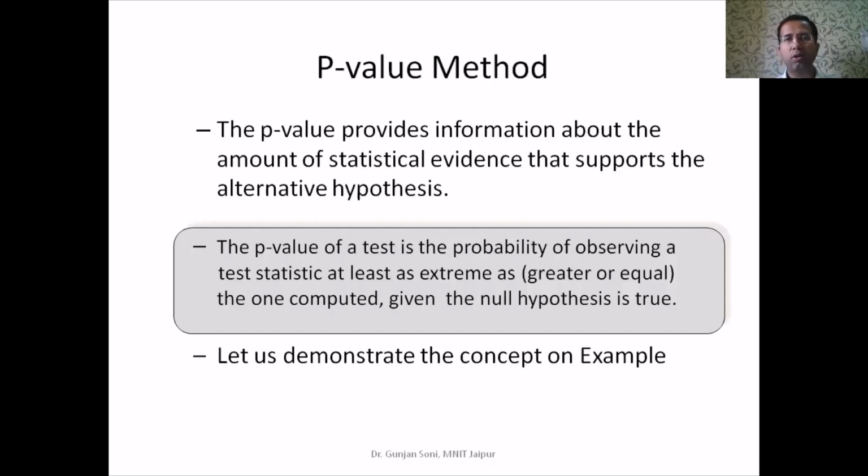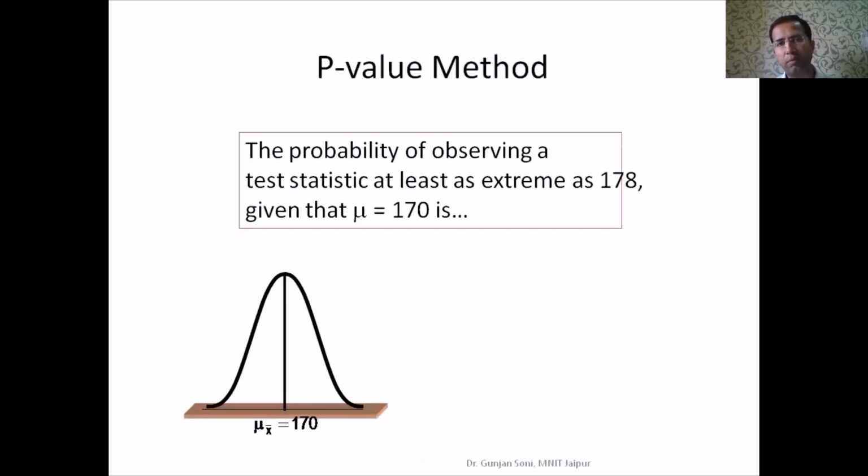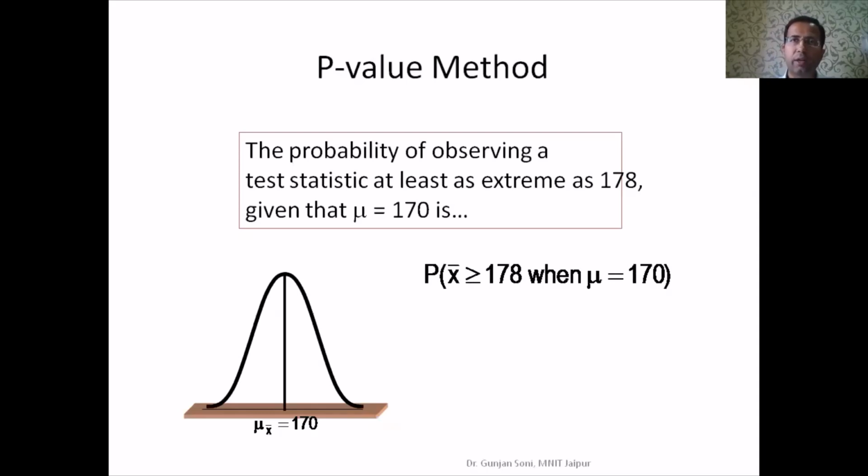So there's another term called p-value. For the same example, if I have to find out the p-value, what I'm going to do is, for the Z calculated value, I find out the area. If it's a greater than type of alternate hypothesis, then I find out the area to the right of the Z calculated value.